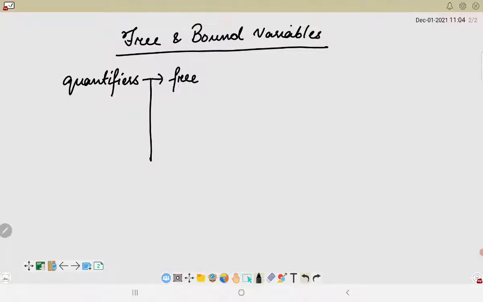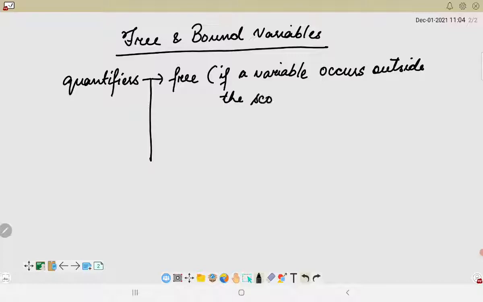Talking about a free variable, a variable is said to be a free variable in a formula if it occurs outside the scope of the quantifier.